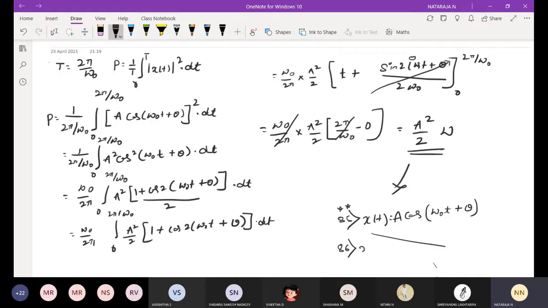Next, try this problem. x of t is equal to a sin omega naught t plus theta. Try this problem, the next problem, the 86th problem.